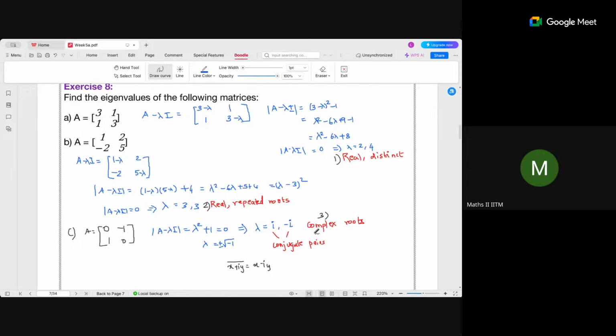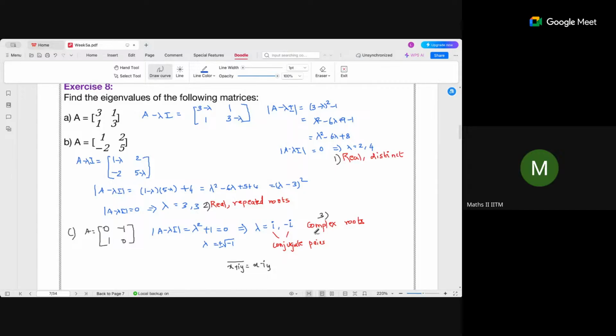Whenever you have an odd degree polynomial, there is a theorem, I forgot the name, which says that for any odd degree polynomial, you will always find a real root, because the complex roots occur in pairs.